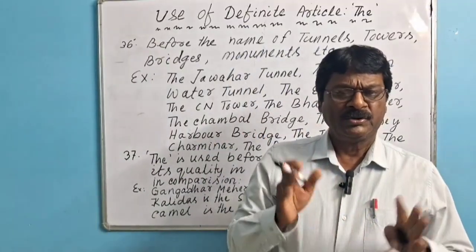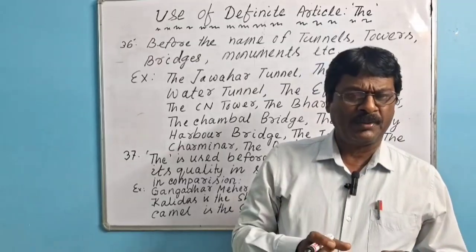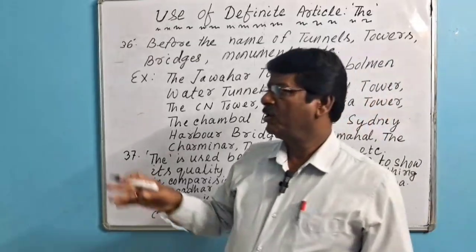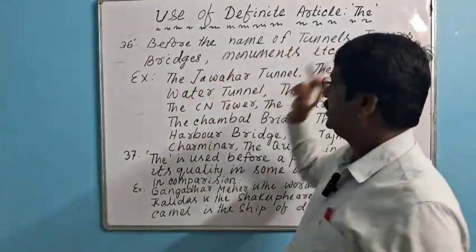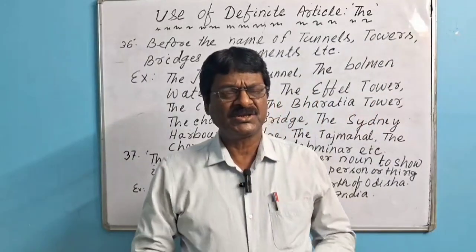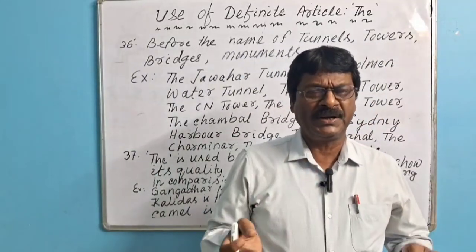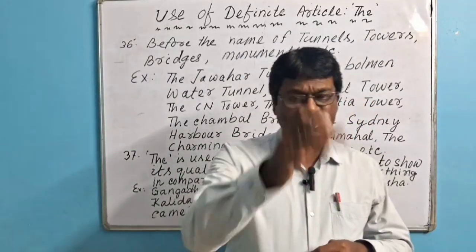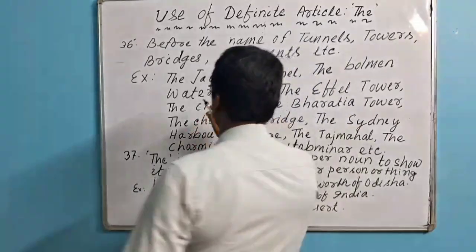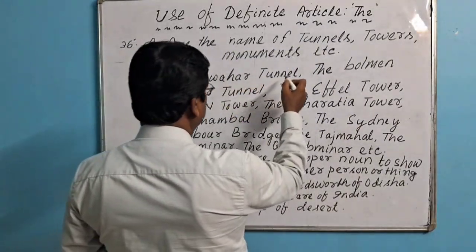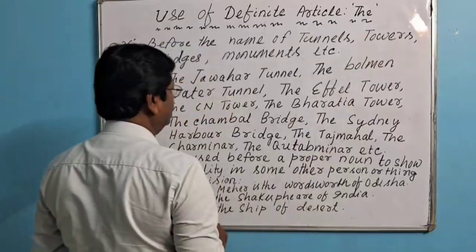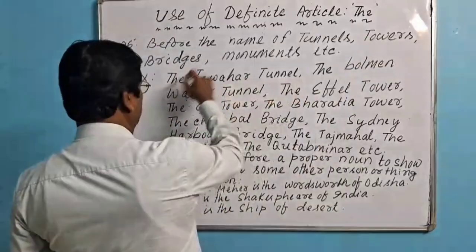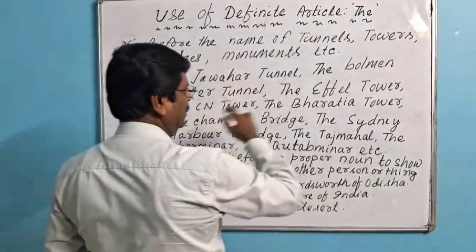You remember the is used before the name of tunnels, or you say towers, bridges, or historical buildings or monuments. For example, the Jawahar Tunnel. This is the name of a tunnel. The is used before tunnel.